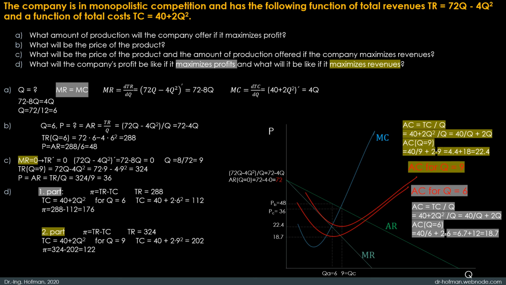The point QA, 6, is the quantity when company maximizes profit. And the quantity marked as QC is where the company is maximizing revenues.